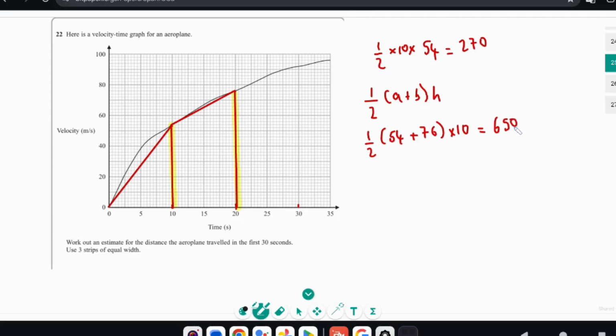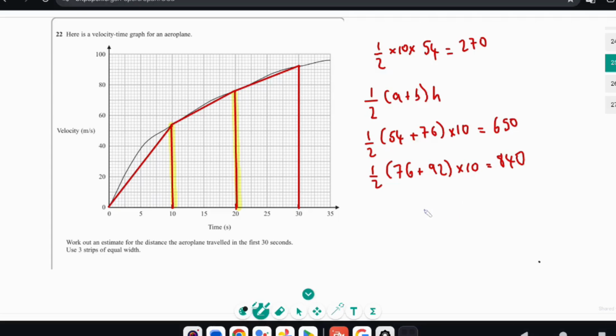650. And last strip, 840. Add those three areas together.